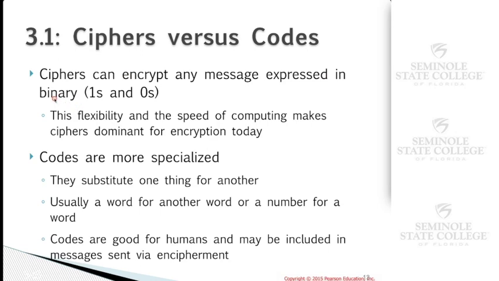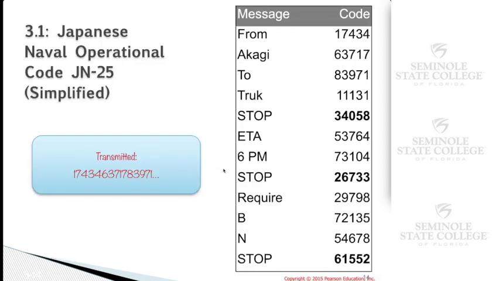So now we're going to talk about the difference between cipher and code. Cipher is, as you saw, you are either substituting or transposing your characters, or in this case, binaries, ones and zeros. You're doing a bit by bit operation there. Codes, on the other hand, are more specialized. I'll move on to the next slide to give you an example.